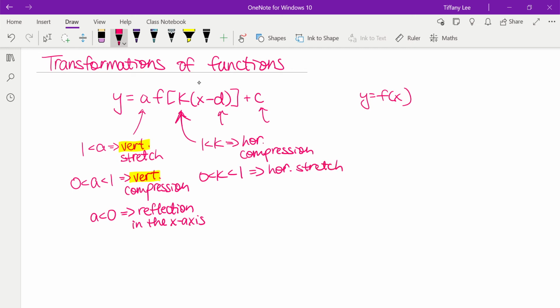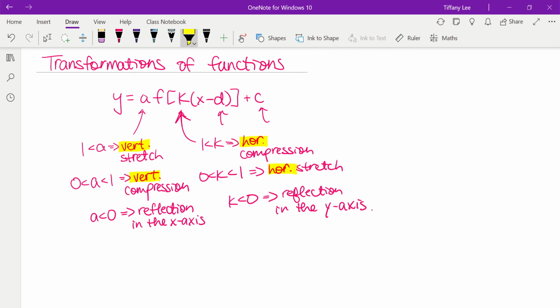And then if k is negative, that means there is a reflection in the y-axis. So with k, that is your horizontal compressions and your horizontal stretches.